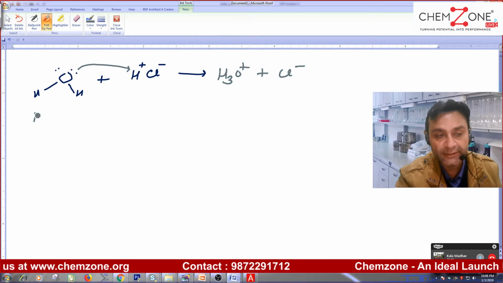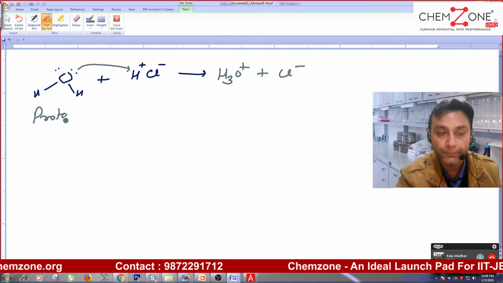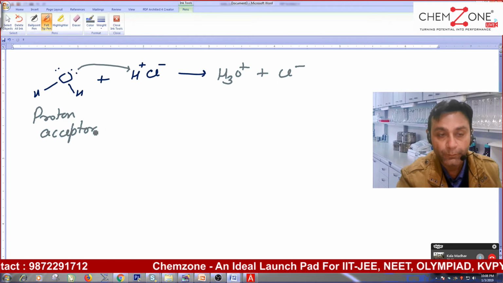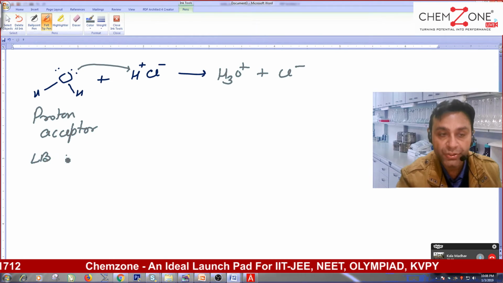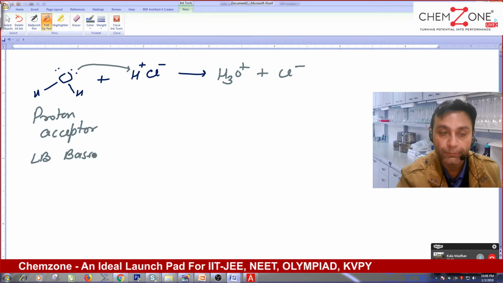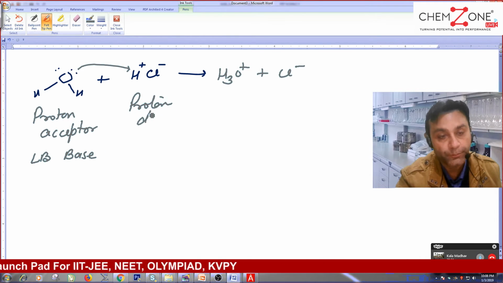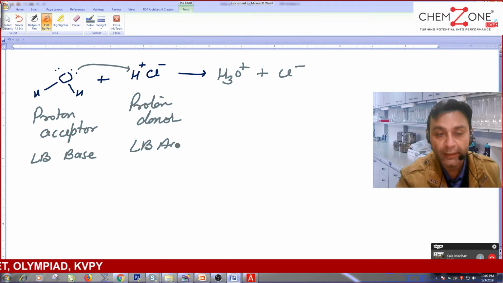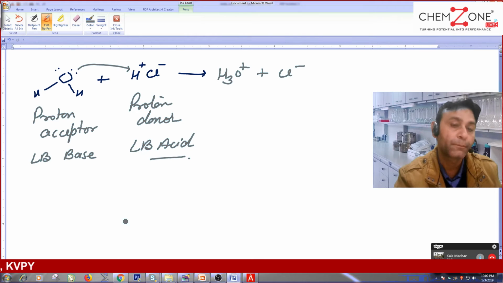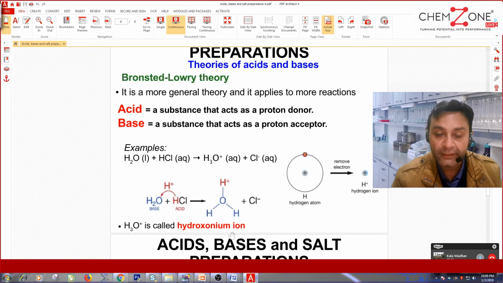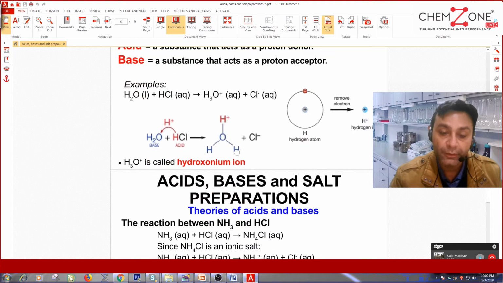So this is a proton acceptor. It is a Lowry-Bronsted base. This is a proton donor. So it's a Lowry-Bronsted acid. Right? This is another theory, the Lowry-Bronsted concept.